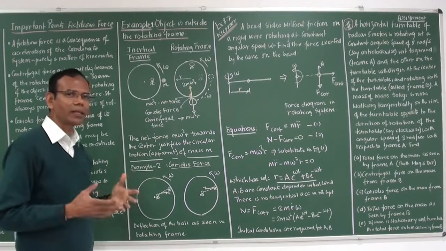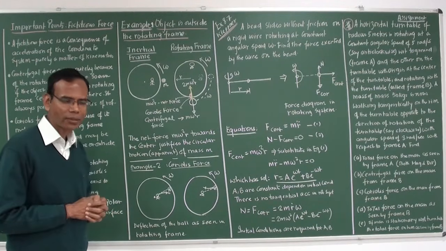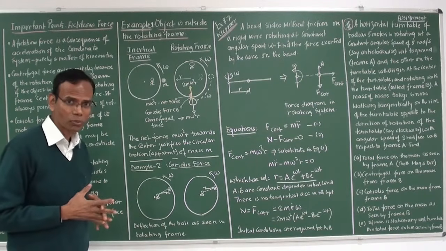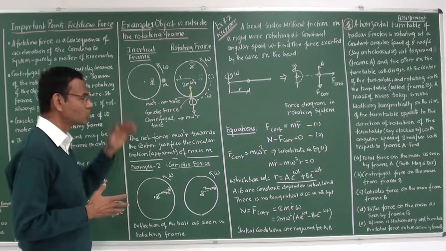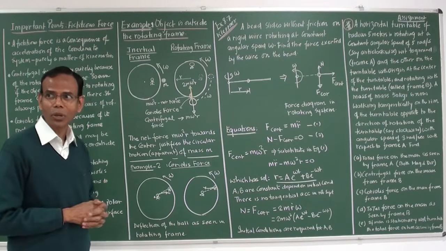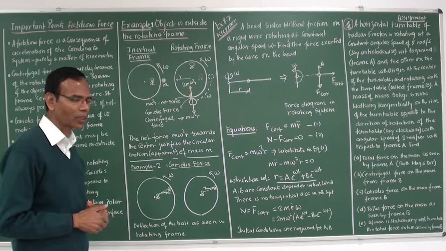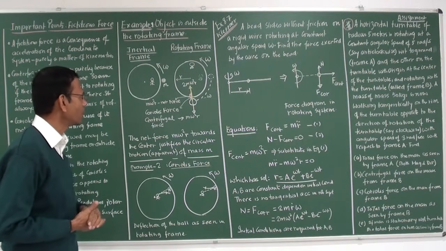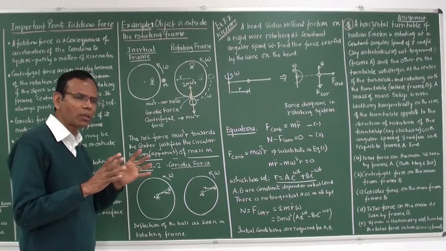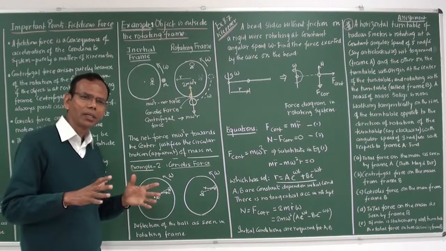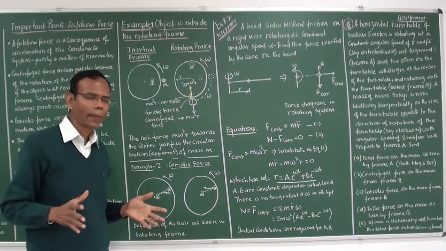There needs to be a net centripetal acceleration, centripetal force basically, which is giving rise to this centripetal acceleration for this observer. Okay, so how will he do it? Let us see how beautifully the equations that we have derived are applicable everywhere.